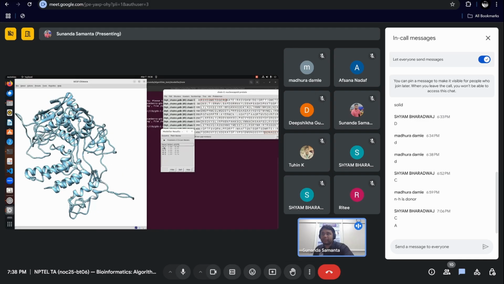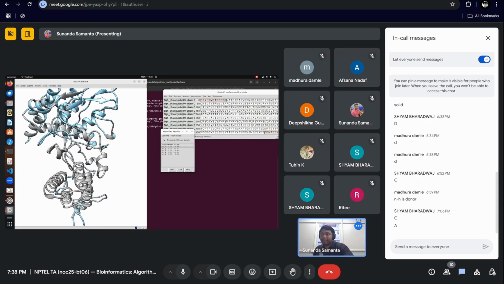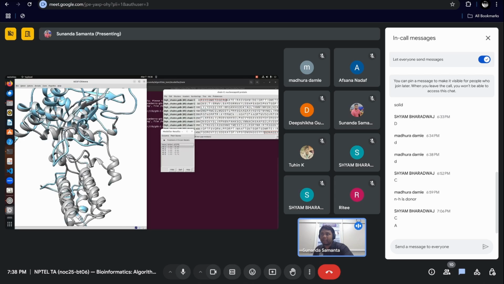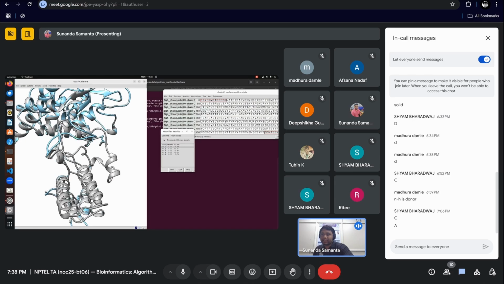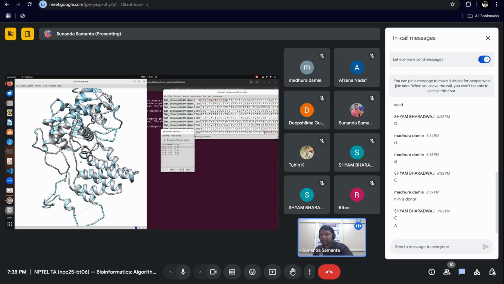Now you will notice if you press, for example, hashtag 1.1, of course you will see the blue colored model that has been generated in the place of these dotted lines. That is indicative of the loop model conformation for this region. For example, in this one, it is clearly visible.